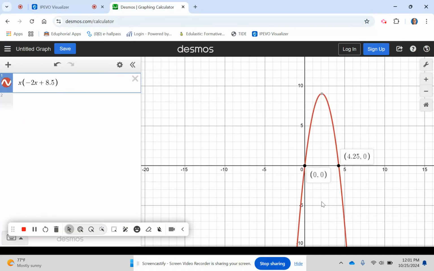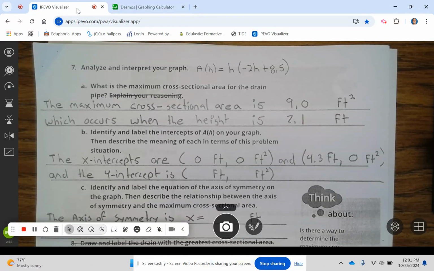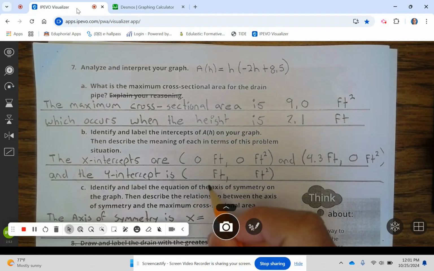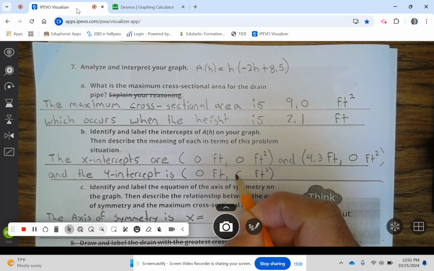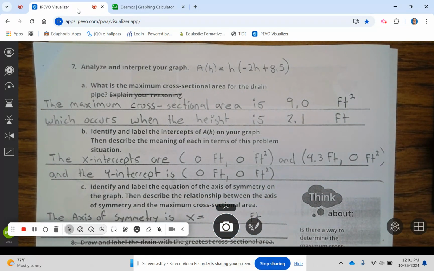And then the y-intercept is right here, which is 0, 0. And so the y-intercept is 0 feet squared. All right, go ahead and finish up 7A and B.